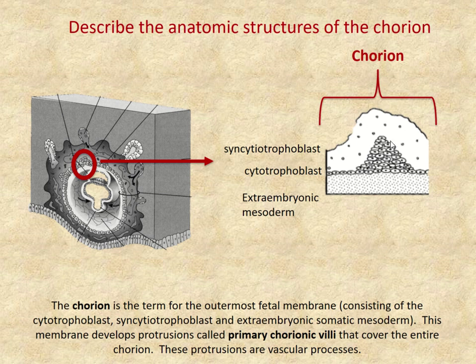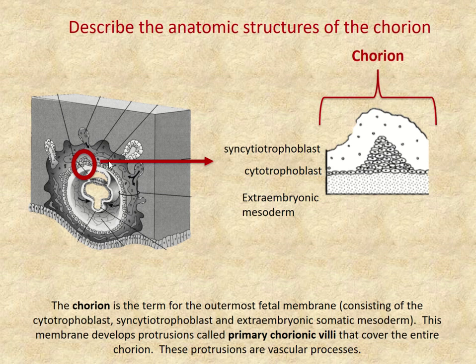All of these three layers together are referred to as the chorion. So when someone refers to the chorion, they're talking about this whole layer, the mesoderm included, with the cytotrophoblasts and the syncytial trophoblast.